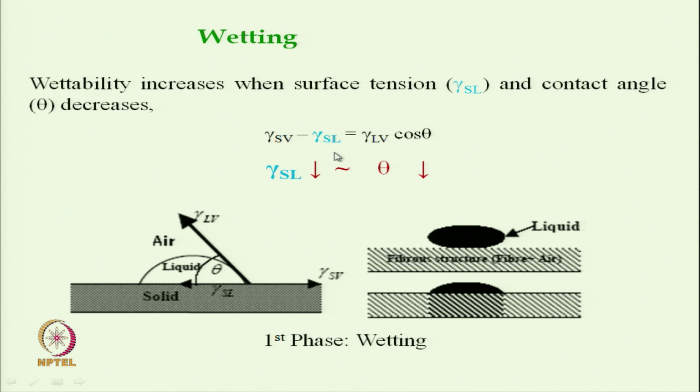So, we must reduce the surface tension between fiber and liquid, that we can do in various ways by proper selection of fiber polymer, proper selection of liquid, and also by reducing the contact angle.